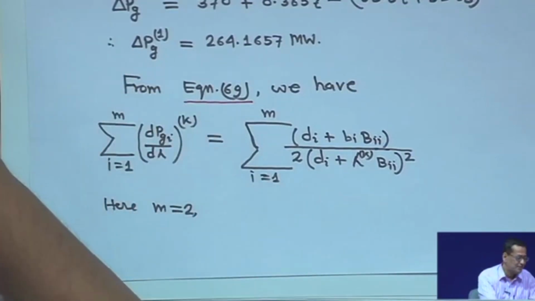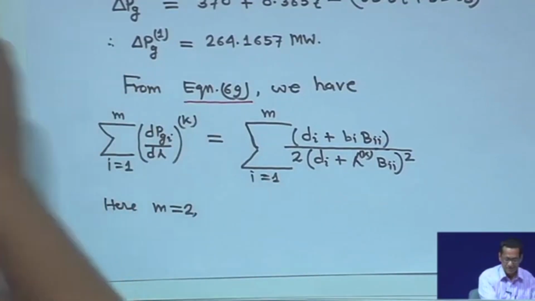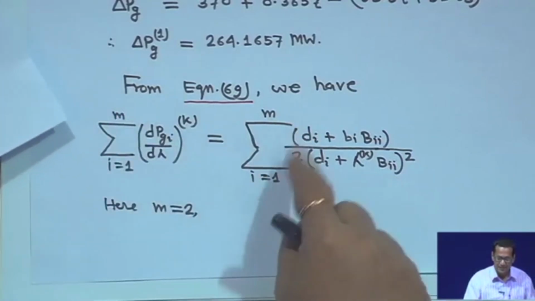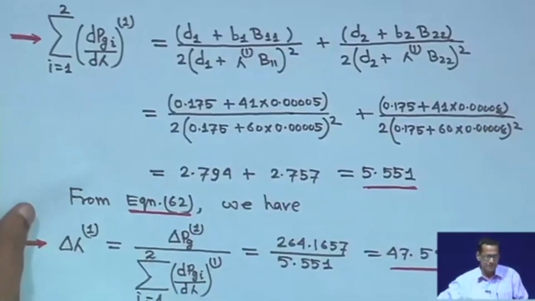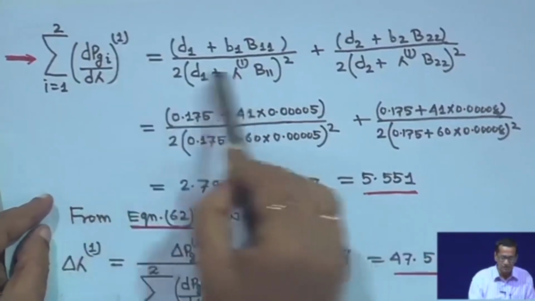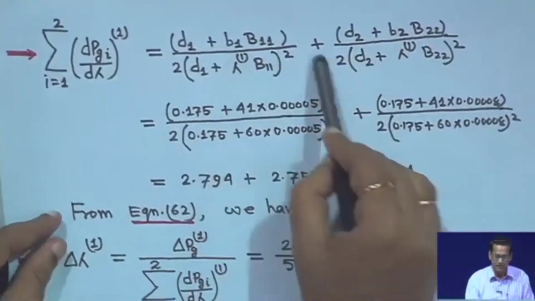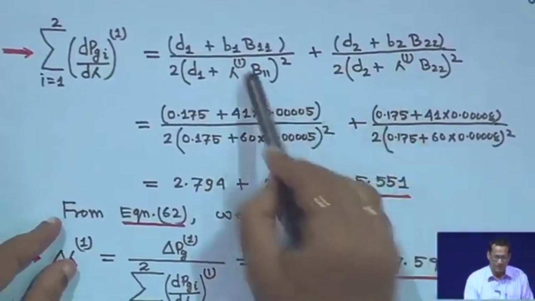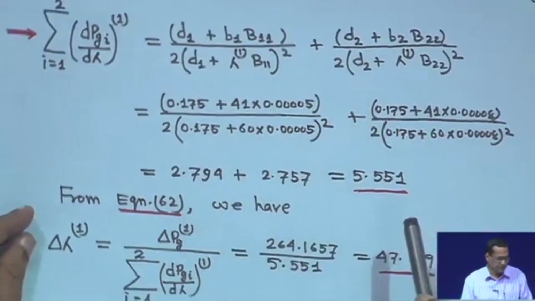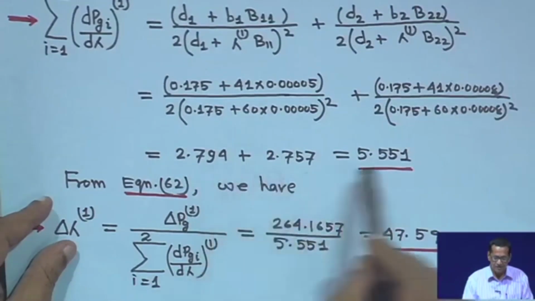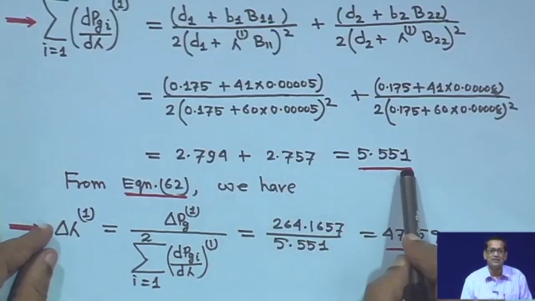You expand this term for I is equal to 1 to 2 and put in those values. All the values are known to you, you substitute, and you will get 5.5511.